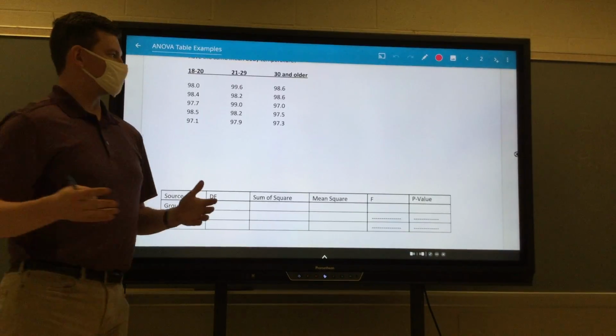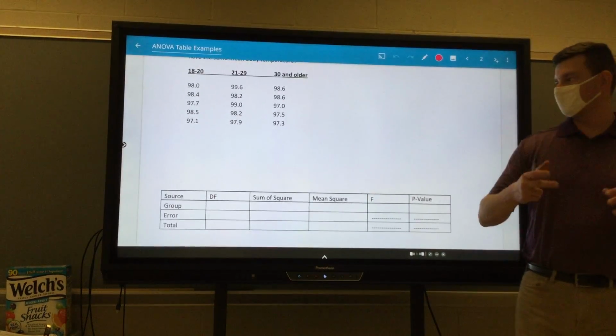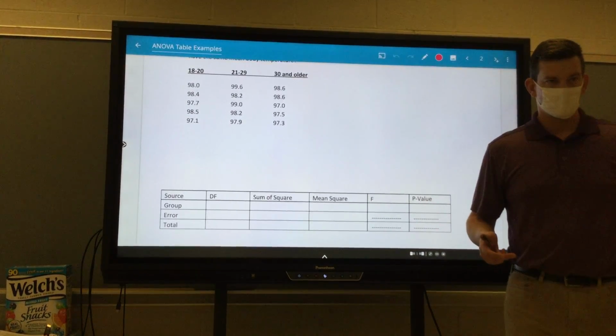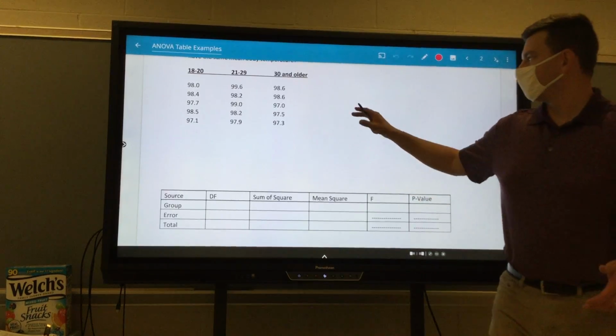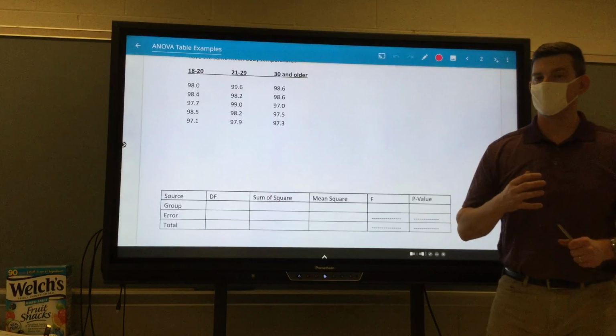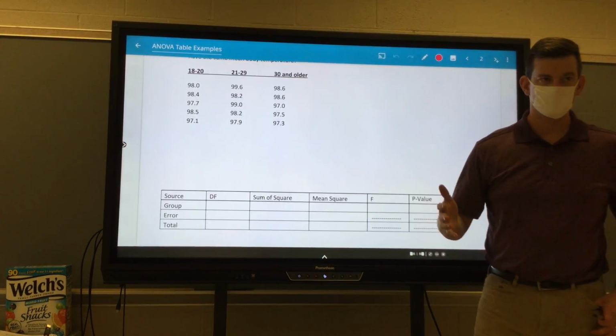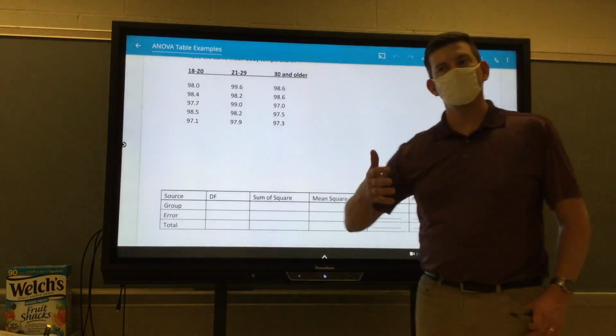Okay, and we're testing to see, null hypothesis, if these means are all essentially the same, or is there really like a difference in the mean body temperature across the different age groups? Make sense? Testing that they're not all the same.